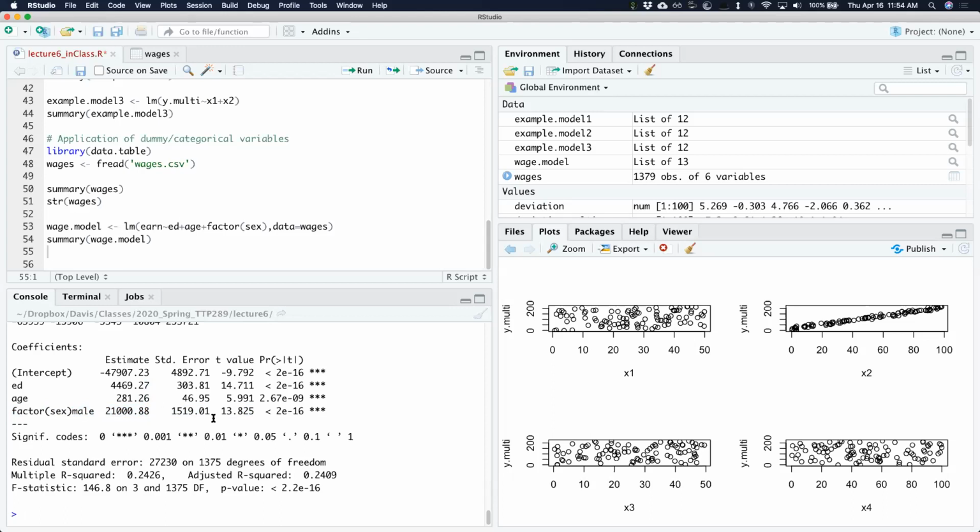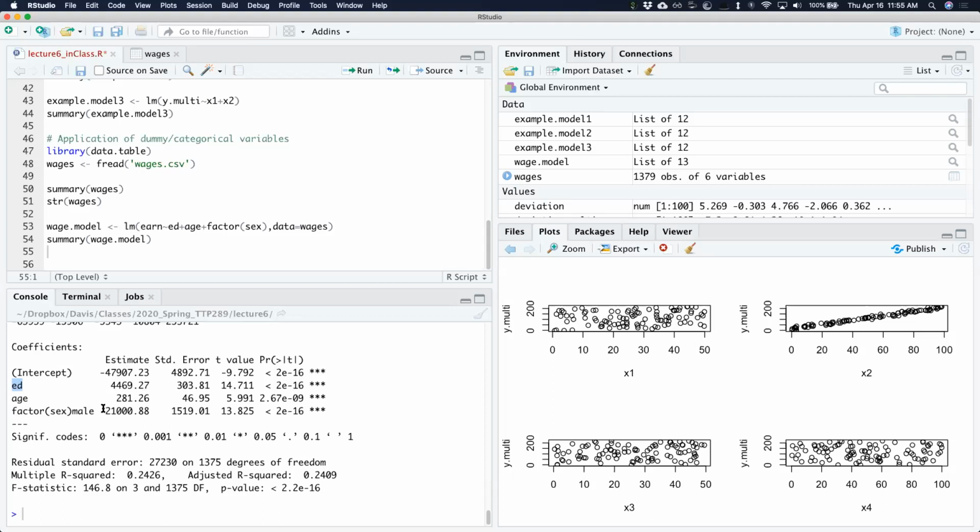The way that R is handling this: if you recall how we calculate the coefficients, you are minimizing the squared distance between my predicted values and the actual education as it relates to earnings and age as it relates to earnings.